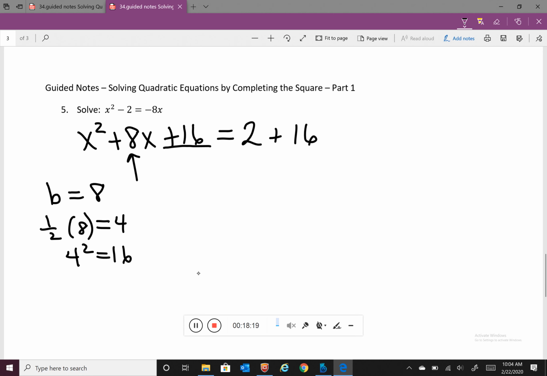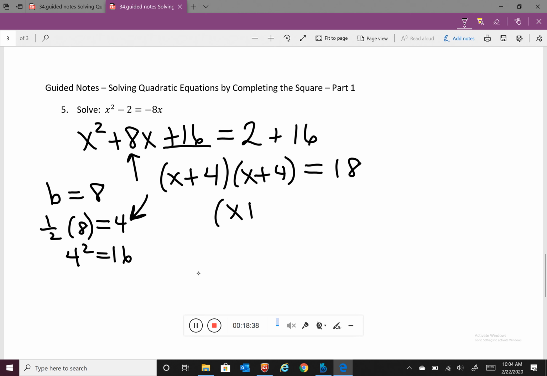So the left-hand side factors as x plus 4 times x plus 4. Notice this comes back into play, doesn't it? And this is equal to 18. The left-hand side factors as x plus 4 quantity squared.